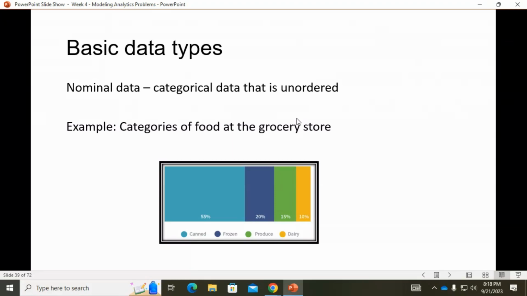Is there any particular order to this data? We have the categories of canned, frozen, produce, and dairy. Is there any order that's natural to this data? See some of you shaking your head. Maybe.